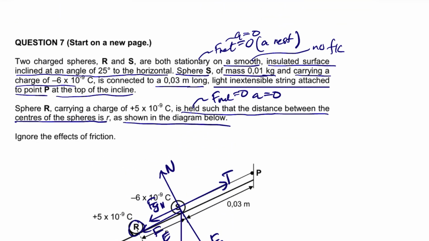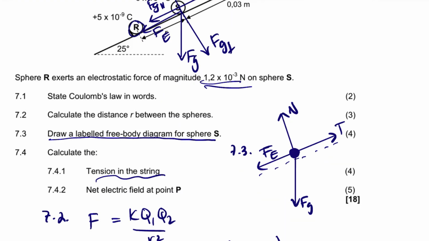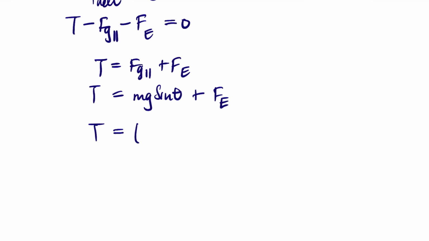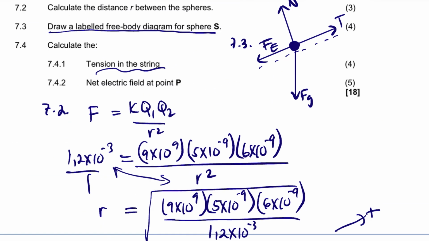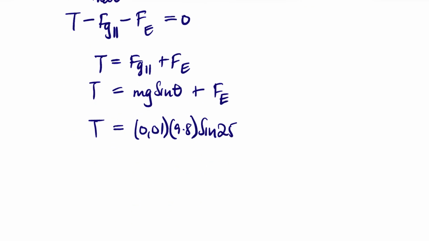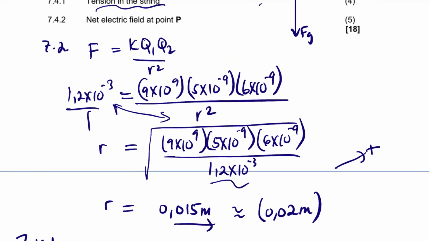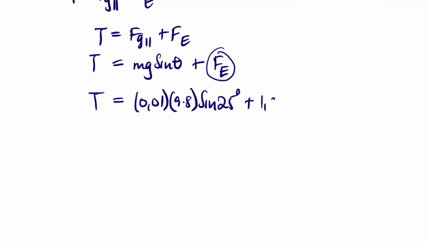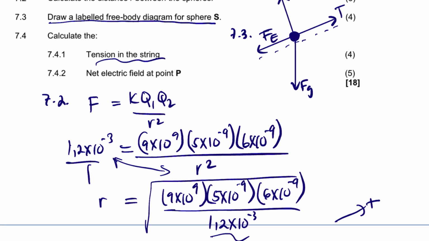We were told in the statement the mass of S is 0.01, and then we times by 9.8, and then sine of the angle, which was 25 degrees, plus the electrostatic force, which is 1.2 times 10 to the power negative 3. We were given that in the statement.